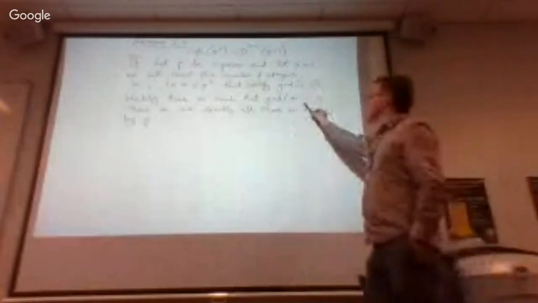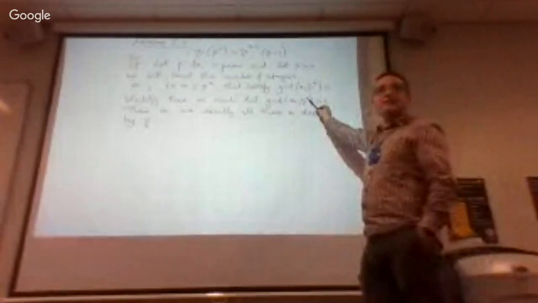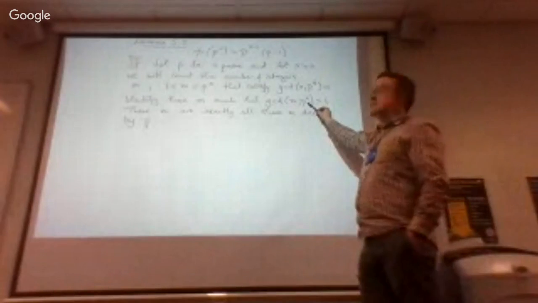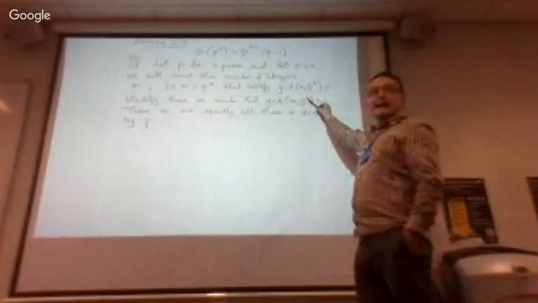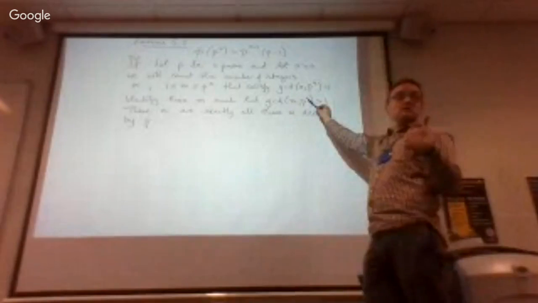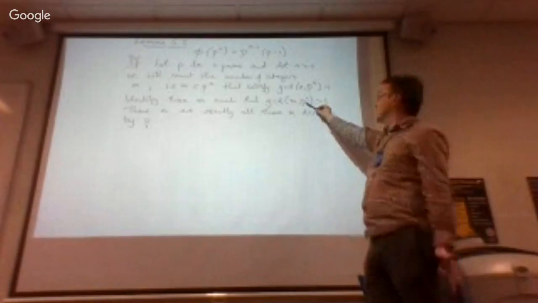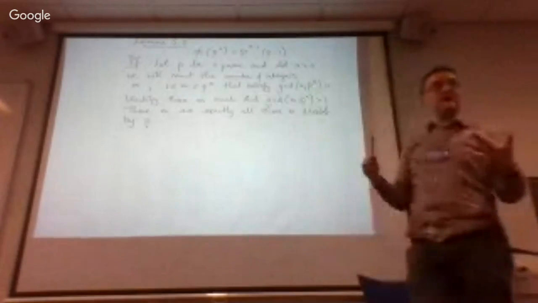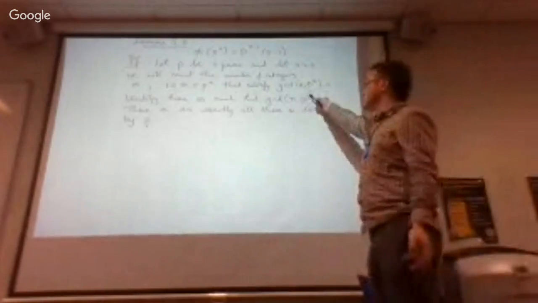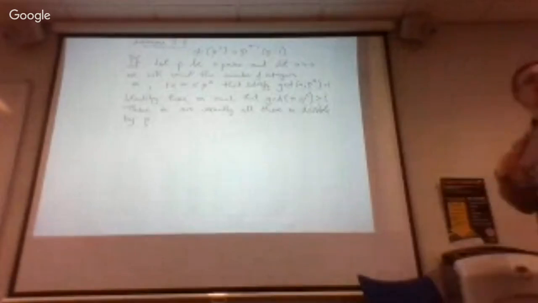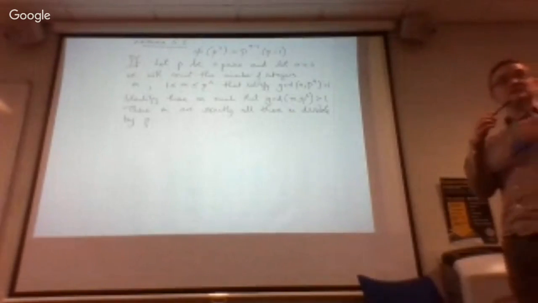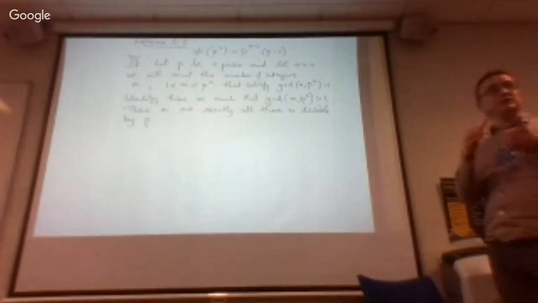Now, what kind of non-trivial factors does p to the a have? Remember, p is a prime number. So the only possible factors of p to the a are p, p squared, p cubed, all the way up to p to the a itself. So if we're looking at p to the power 5, the only factors that p to the power 5 has are 1, which is the trivial factor, and then p, p squared, p cubed, p to the power 4, and p to the 5.